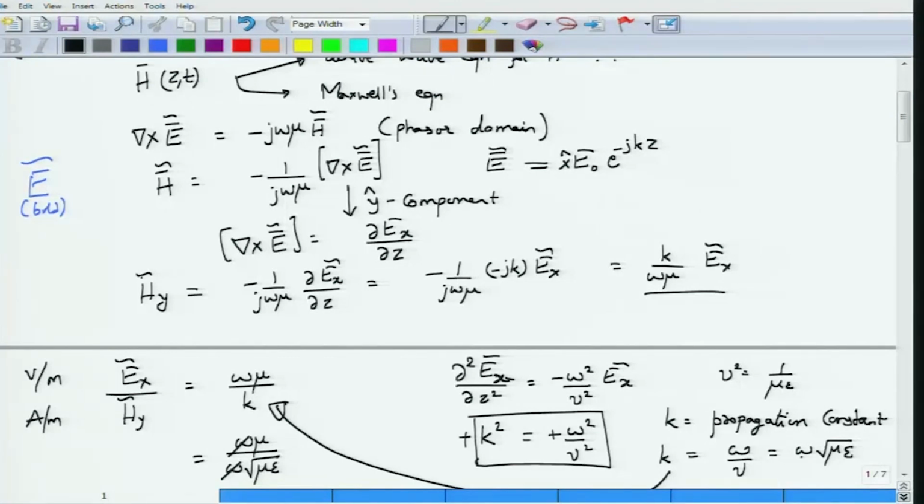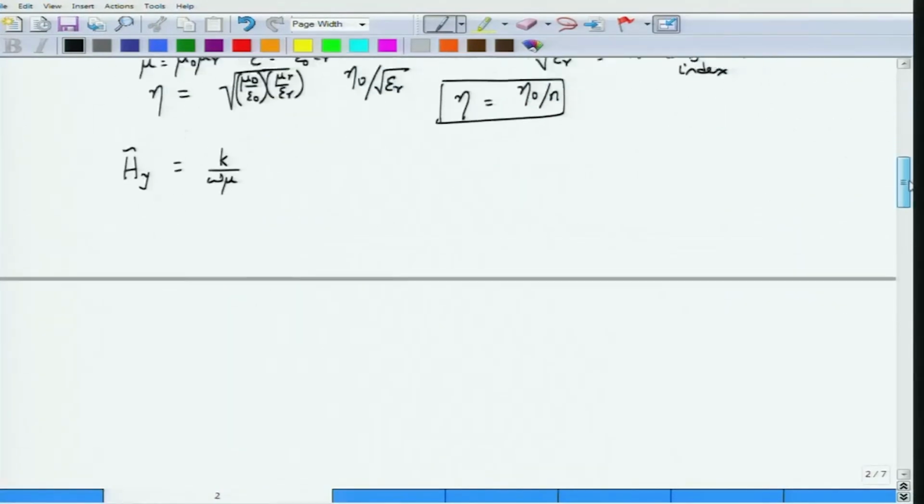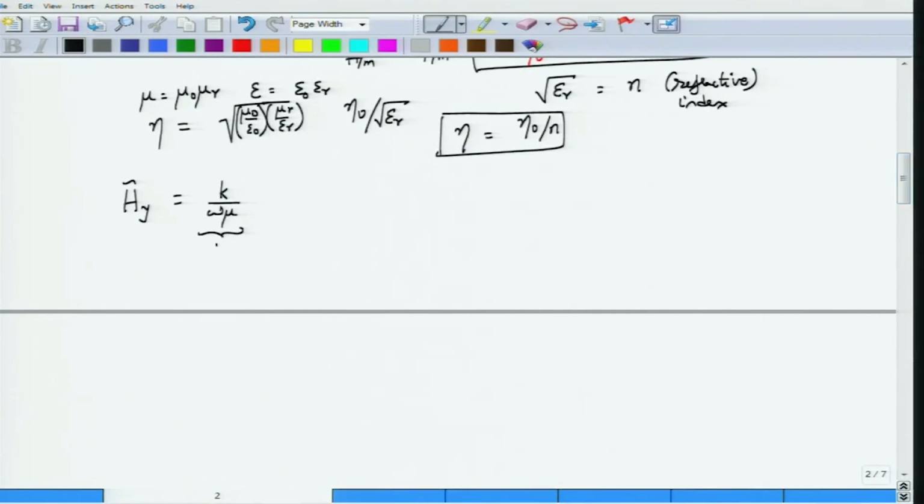So Hy phasor is equal to k by omega mu times Ex phasor, and k by omega mu is a real quantity which is actually 1 by eta. So this is nothing but 1 by eta, and then you have Ex phasor. But what is Ex phasor? Ex phasor is E0 e to the power minus jkz.